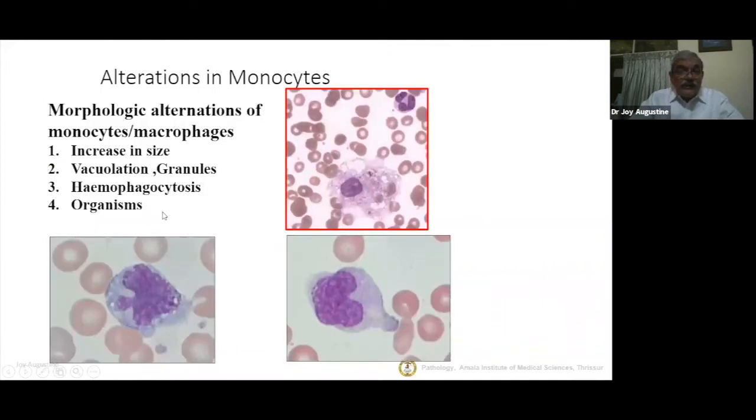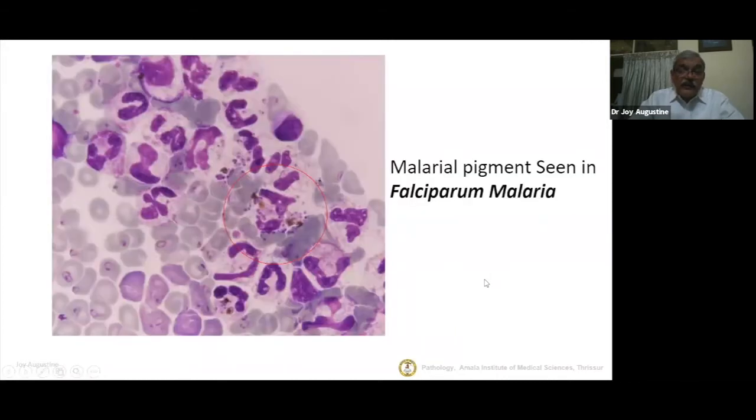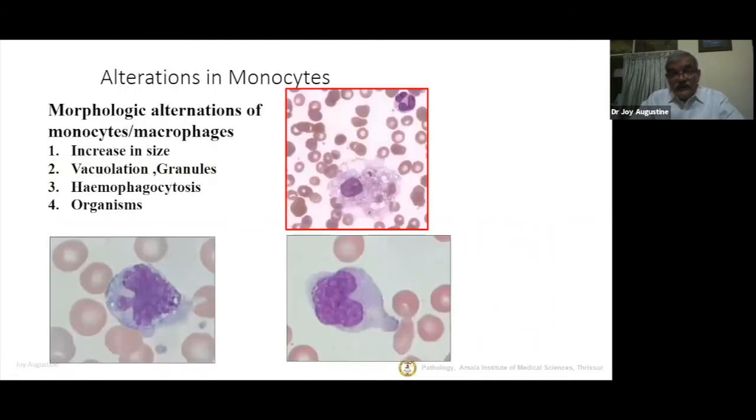Alterations in monocytes. Now, one thing which we did not mention about the neutrophils is that the neutrophil size also increases. Now, this is very important. The same thing with monocytes. One thing which is noticed in sepsis is that the size of the cells increases.